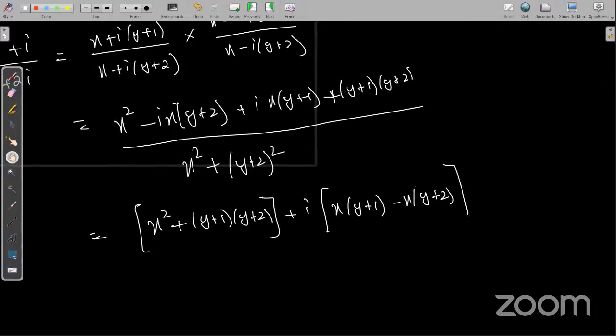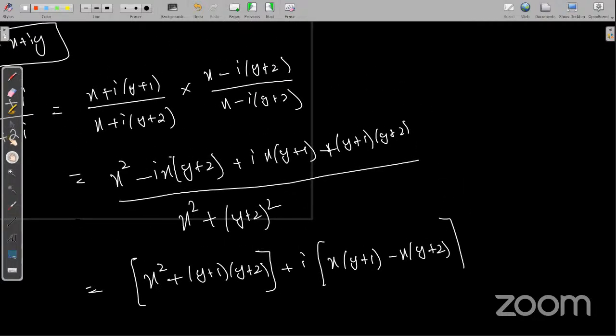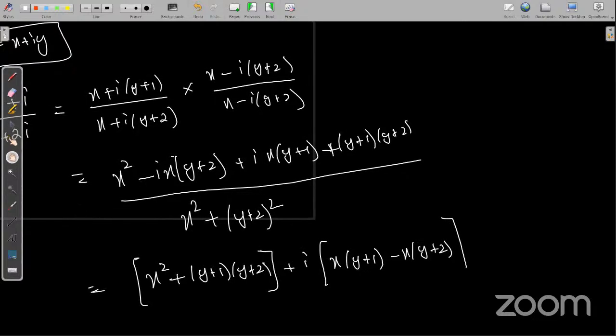So have we made any mistake anywhere? x square minus i times x into (y plus 1), that's fine.